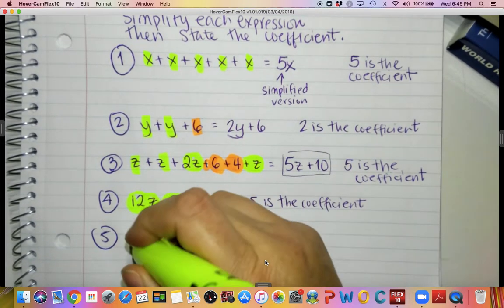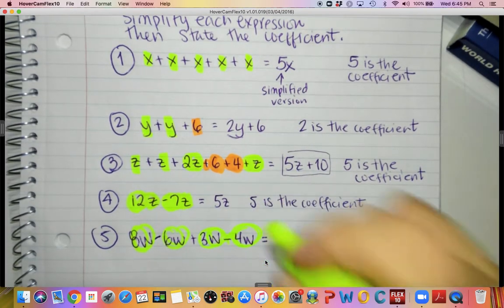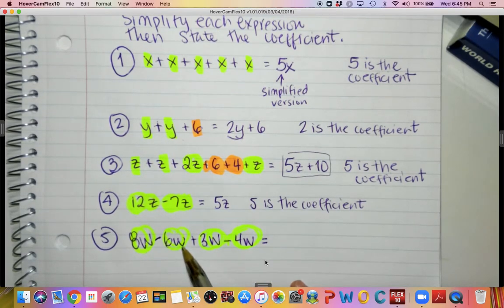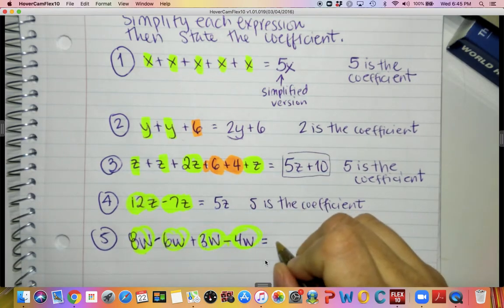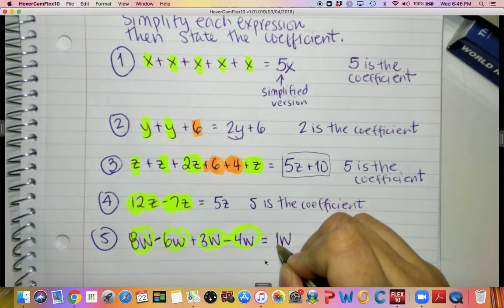So they all go together. That was dumb because I wanted a separate one, but that's okay. So 8w minus 6w gives us 2w, plus another 3w gives us 5w, minus, so 5w minus 4w is w, or 1w.